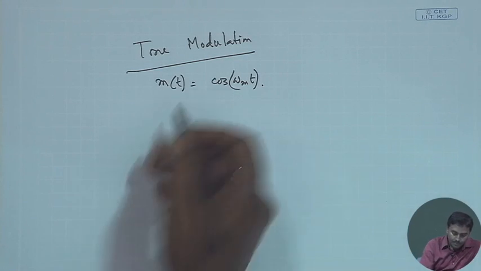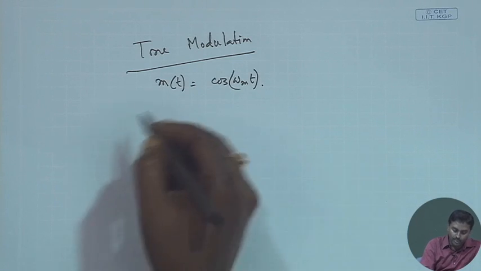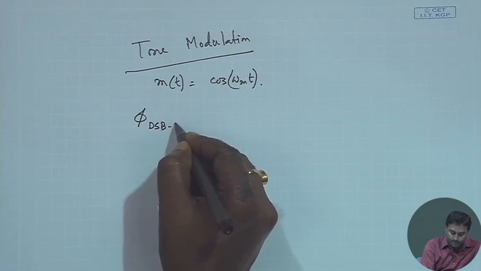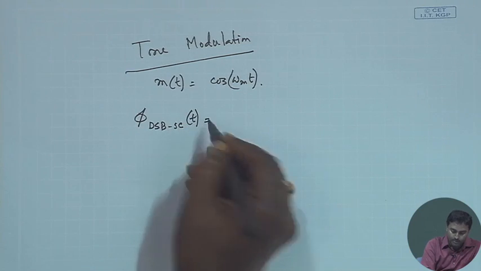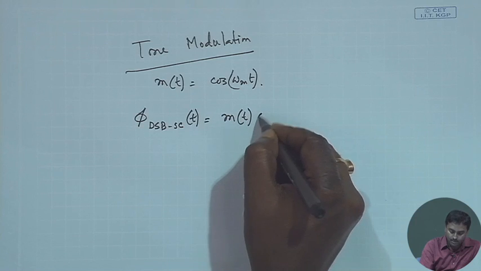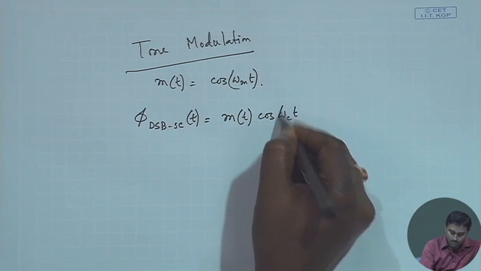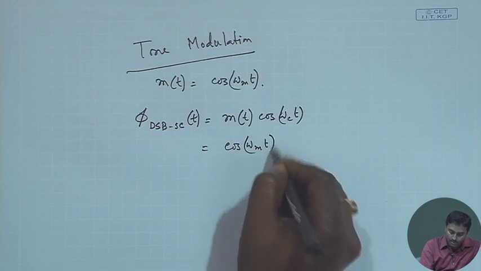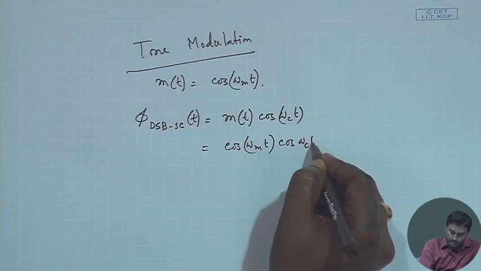So if I have m(t) equal to cos omega mt, therefore phi DSB-SC(t), which is the modulated one, must be m(t) into cos omega ct, which is nothing but cos omega mt into cos omega ct.